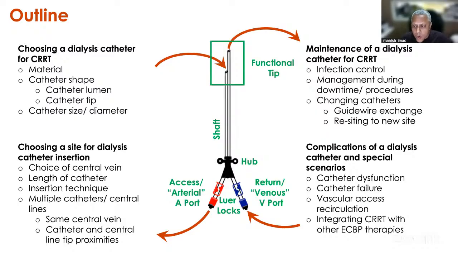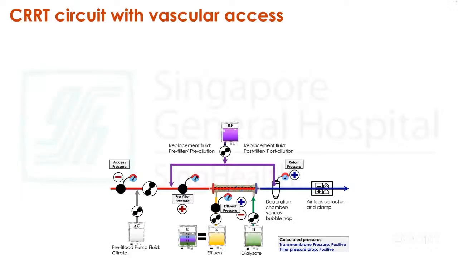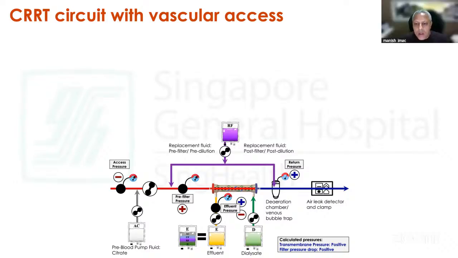And then, of course, some complications of dialysis catheter, which may be related both to the insertion technique, to the presence of the catheter in the blood vessel, and to access recirculation. And then very lastly, some words on how you integrate this with extracorporeal ECMO.